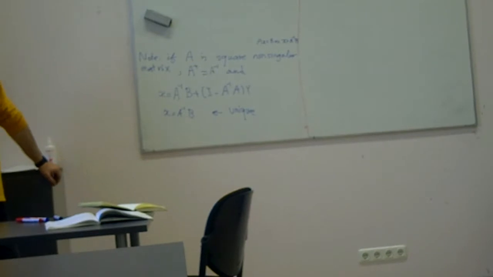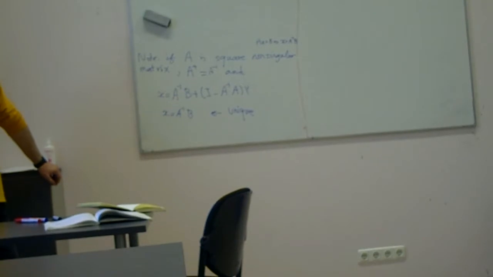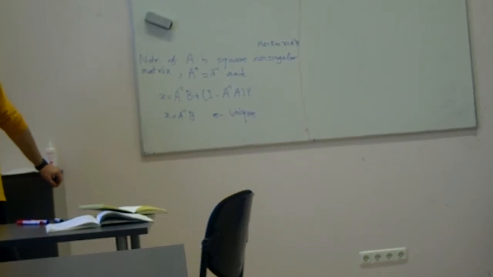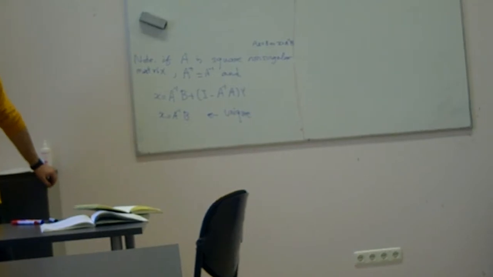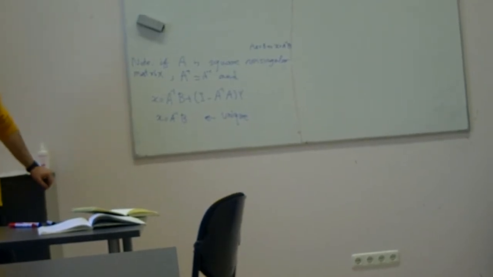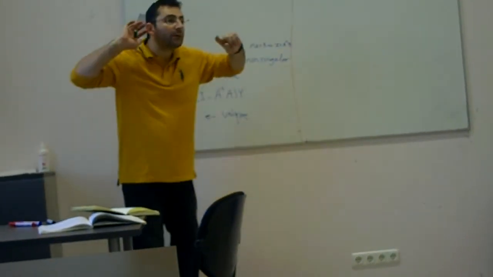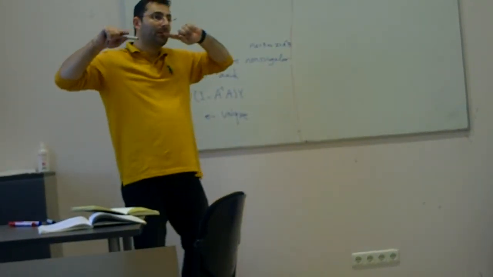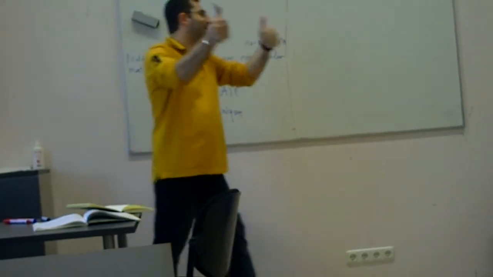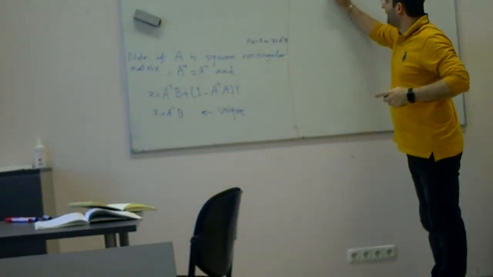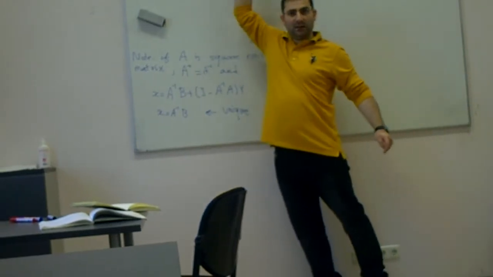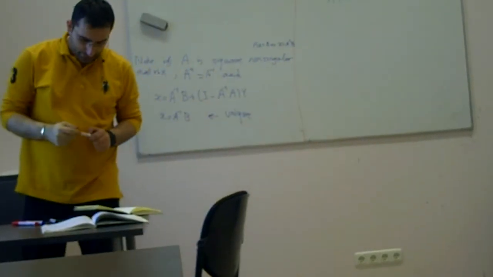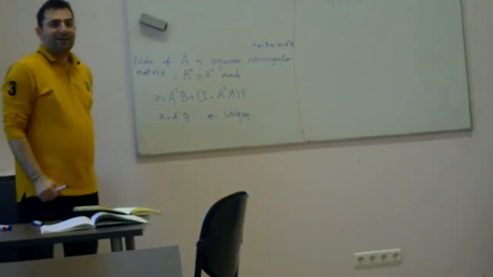So how can I make sure there is no arbitrary part? What's the condition not to have an arbitrary part? If A plus A is equal to I, then it will be I minus I, then the arbitrary part will go away. Okay, what does it mean?